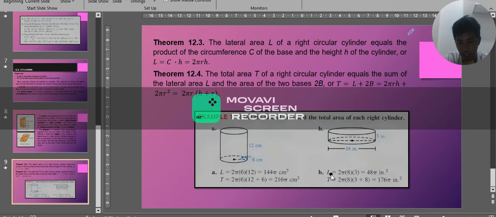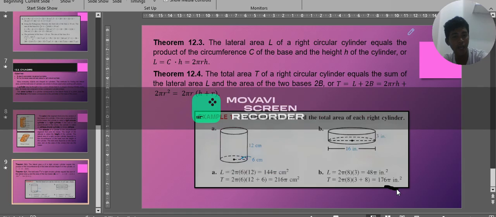So, the lateral area is equal to 2 pi times 8 times 3. 24 times 2 is 48 pi square inches. And then the total area is 2 pi times 8 times 11. 11 times 8 is 88, times 2 is 176 pi square inches.